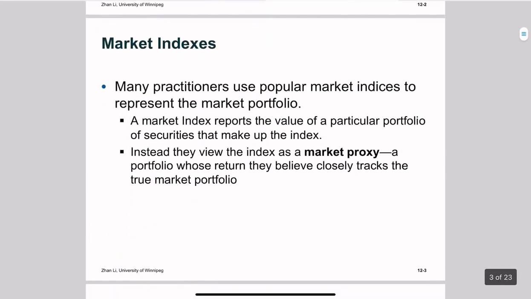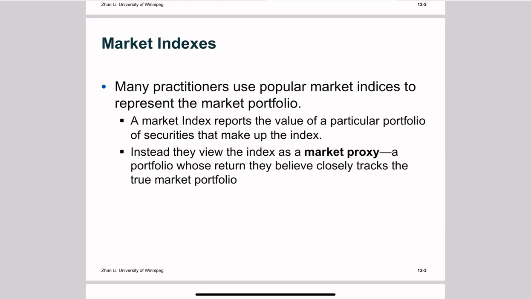So we want to simplify our life. We will want to use some proxies for this market portfolio. So basically, a market proxy is an approximation to the market portfolio. Now, what kind of market proxy would we want to use?